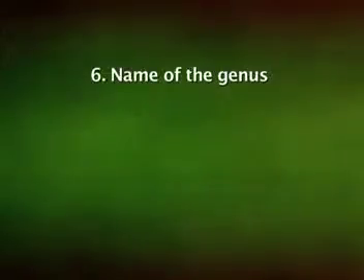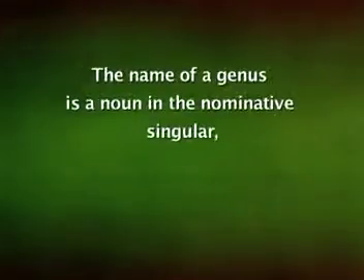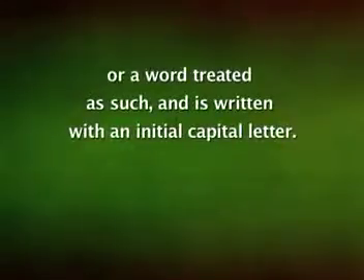Rule 6. Name of the genus. According to Article 20, the name of a genus is a noun in the nominative singular or a word treated as such, and is written with an initial capital letter. It may be taken from any source whatever and may even be composed in an absolutely arbitrary manner.